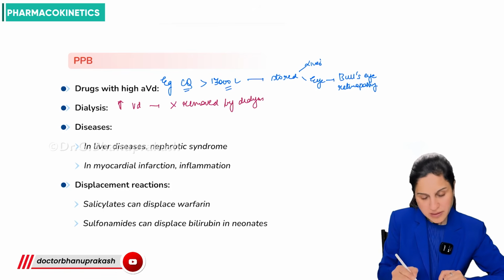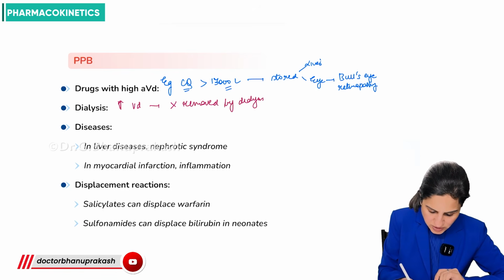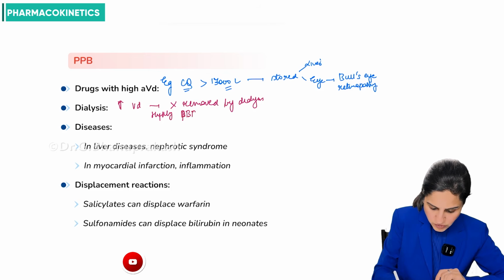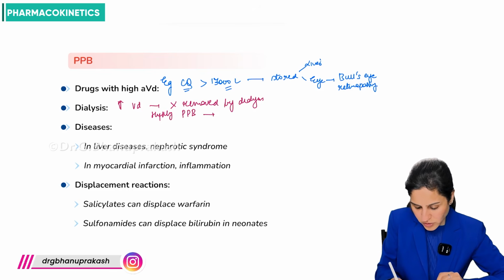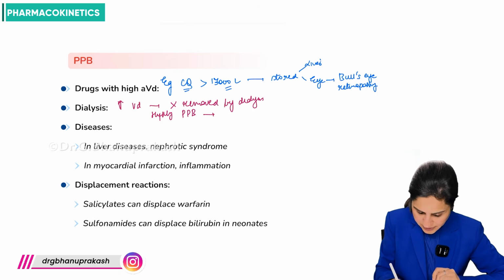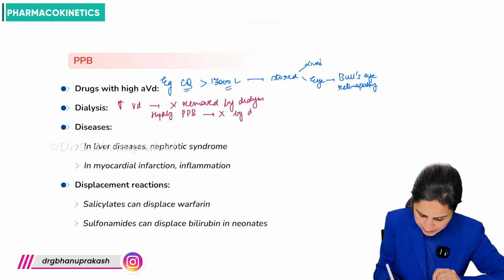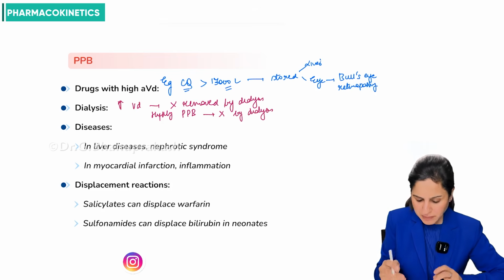That is number one. The second factor is drugs which are highly plasma protein bound. They are also difficult to remove by dialysis. Why? Because they become a big molecule.